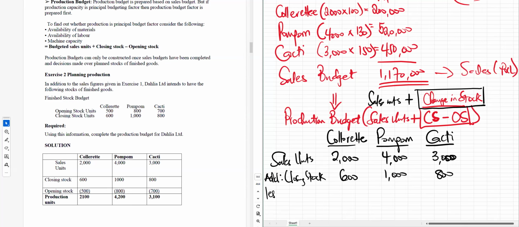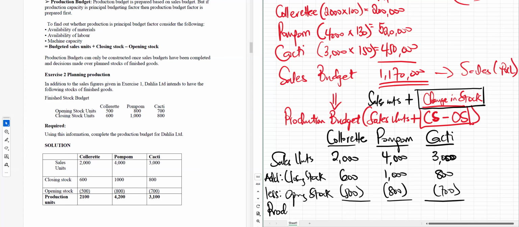Then we less our opening stock: 500, 800, and 700. So that means we come and get our production units, or our production budget.